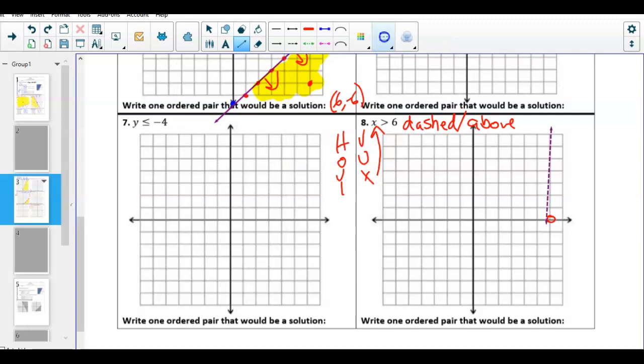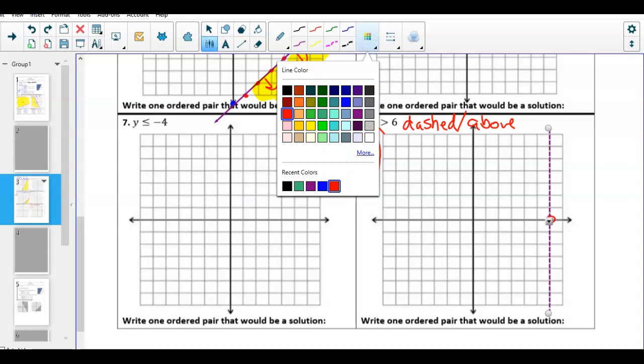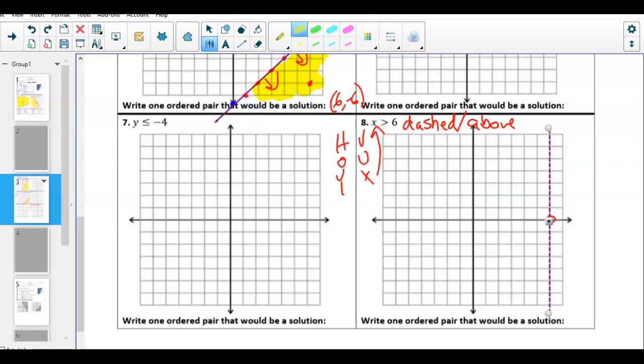So I need a vertical line through this point. It looks to be a little off. There we go. And then if it's above this point or above this line, I need to think greater than 6.